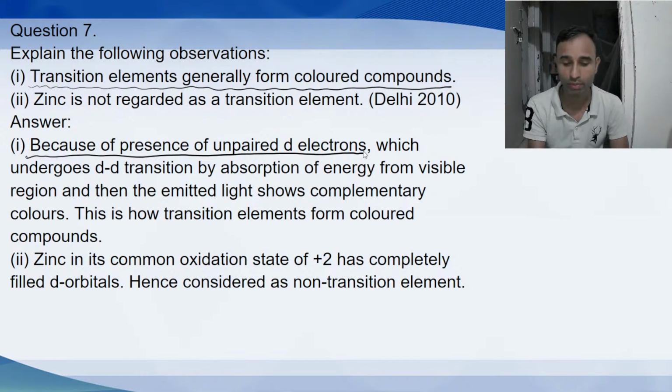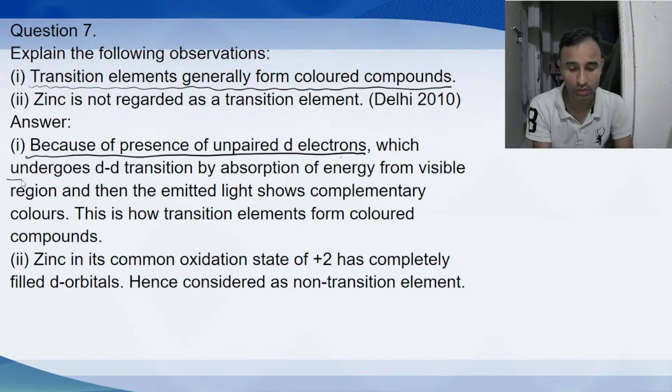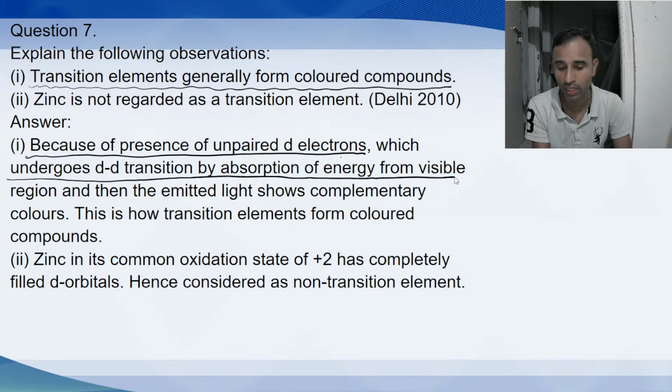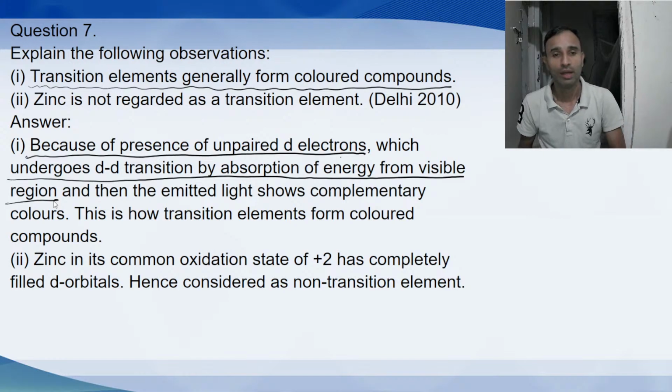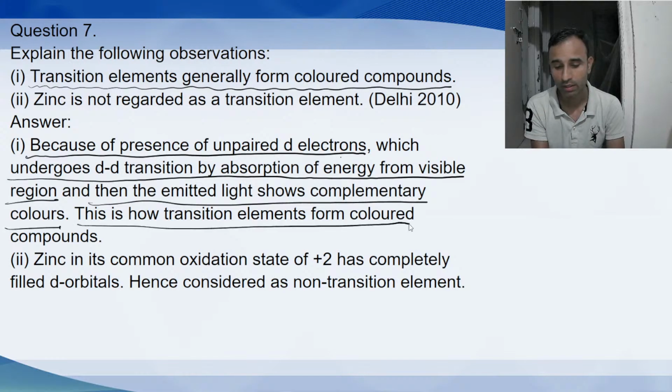Because of the presence of unpaired electrons, they undergo d-d transition by absorption of energy from the visible region. And then the emitted light shows a complementary color, and that's why transition elements form colored compounds. So let's go into detail on how this d-d transition takes place.